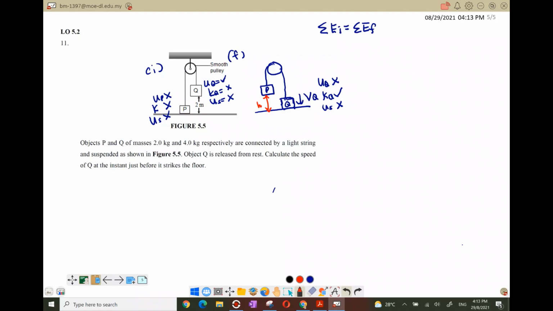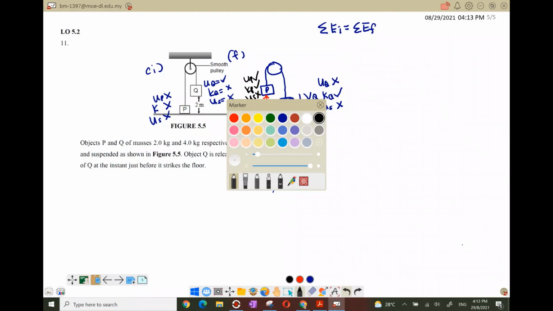Objek P mempunyai nilai H. U_P wujud, itu gravitational potential energy. Kinetic energy pun wujud. Okay, U spring tak ada. Okay, so kita dah conclude kan, inilah energy yang wujud, initial dan final.